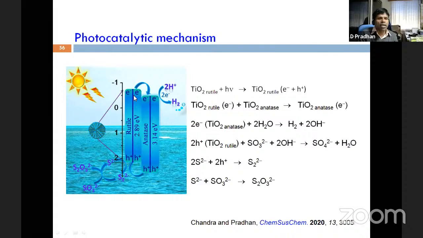After finding their band positions, we found that they lie on this energy scale, indicating that electrons can transfer from the rutile to the anatase phase, and the holes can go from anatase to the rutile, making charge separation possible even though the material is the same. And the mechanism is here on the right side, showing how the electrons and holes are generated and the reaction progresses to produce hydrogen.